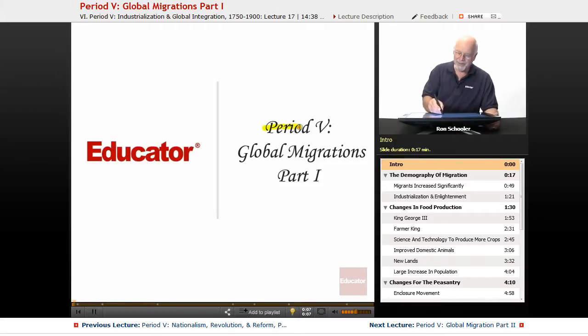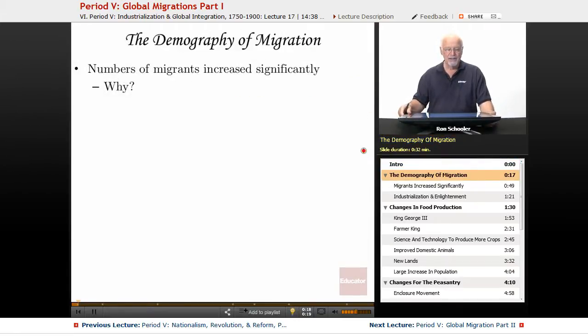We're in period 5, and this covers global migrations, the last part of Unit 5. So, the question when we talk about migrations is, why did people do it? Our period is 1750 to 1900.